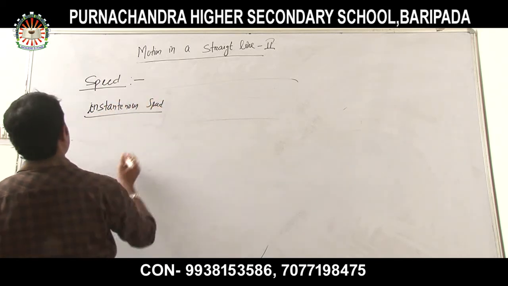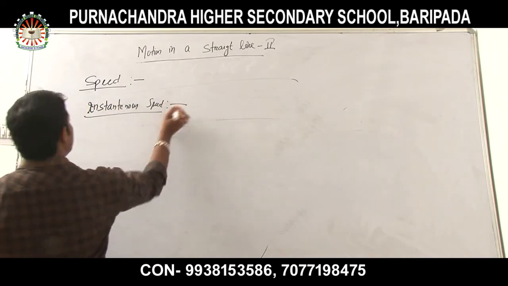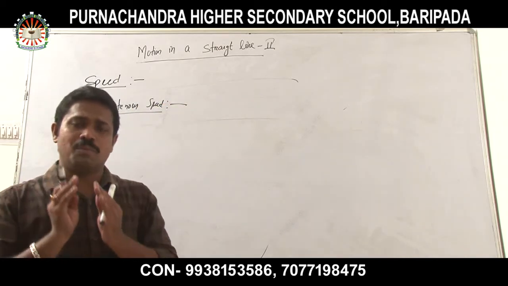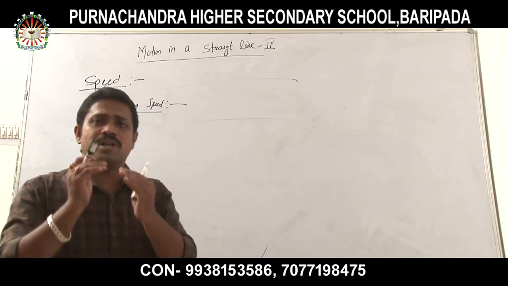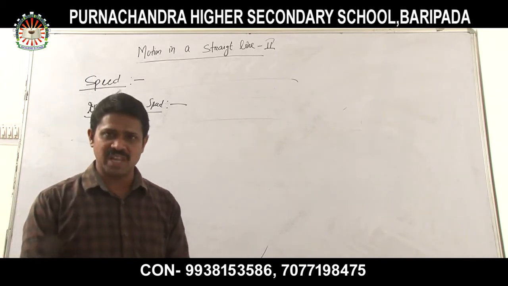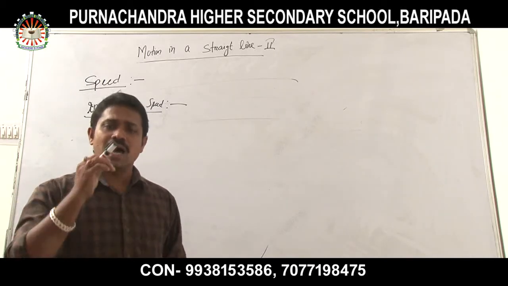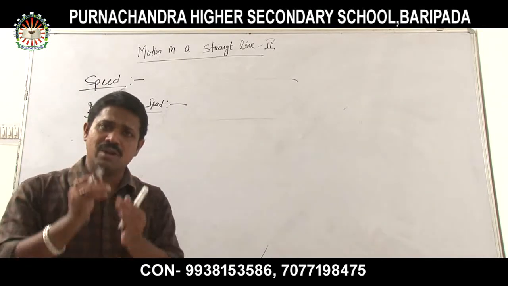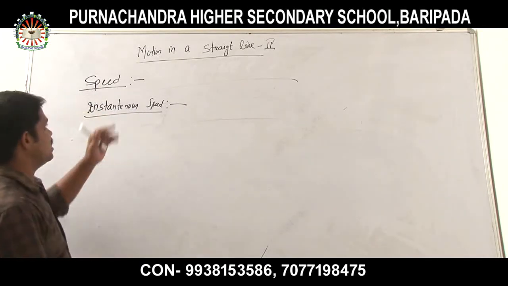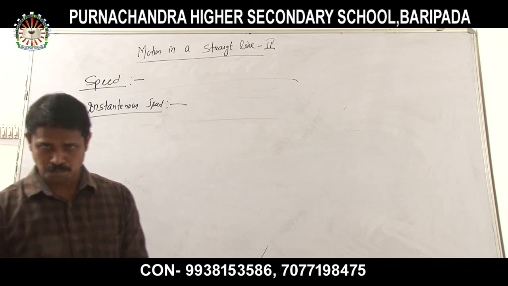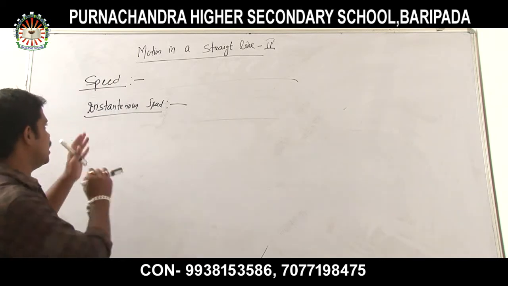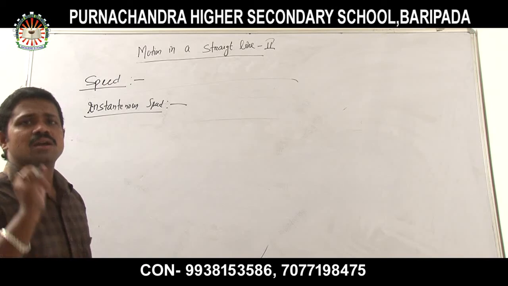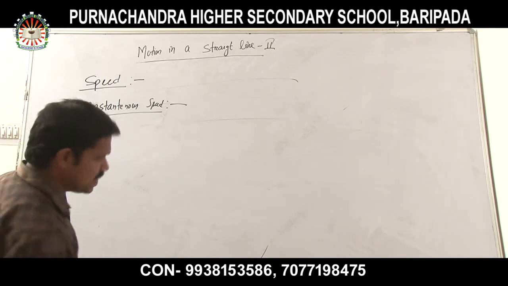Instantaneous speed means the speed of an object or a body at a particular instant of time. If I calculate the speed at a particular instant of time, that gives me instantaneous speed.